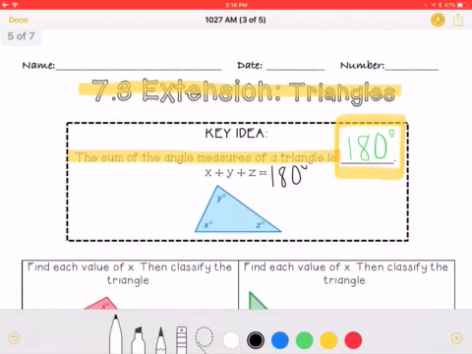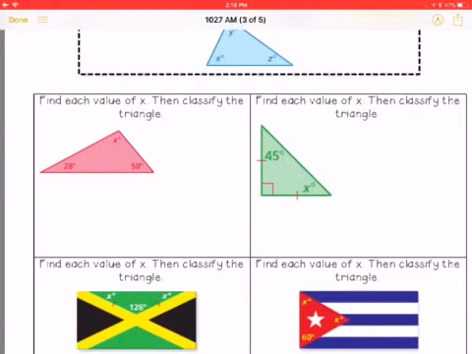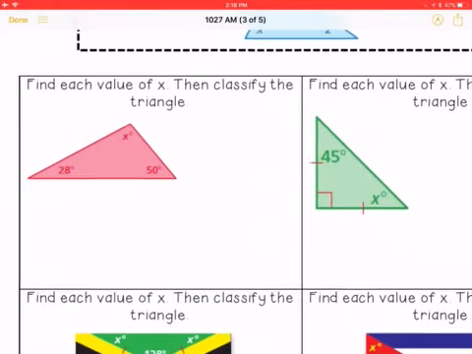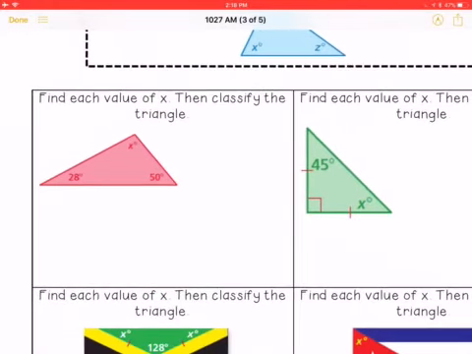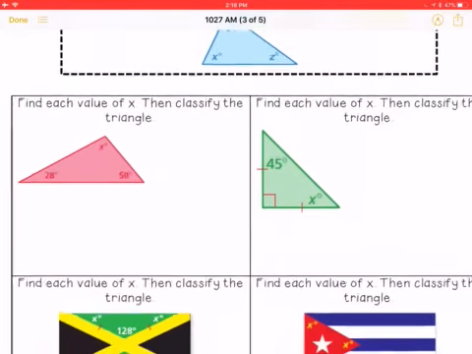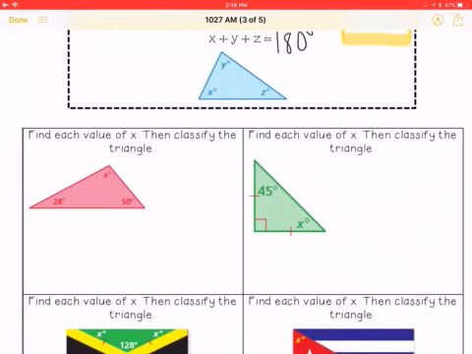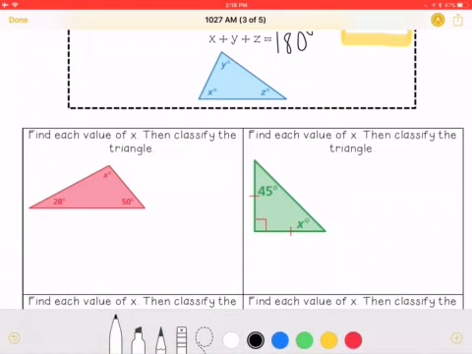Let's do a few examples together here. Our first triangle, this pink triangle, we want to find the value of X, and then we are going to classify that triangle. So first, I know, based off of my key idea, that these 3 angle measures have to add up to 180. So let's set up that equation.